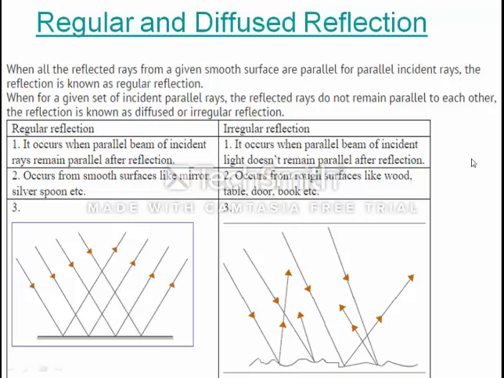Regular reflection takes place from a smooth surface like a mirror, silver spoon, etc. Irregular reflection occurs from a diffuse surface, meaning a rough surface like wood, table, door, book, etc.